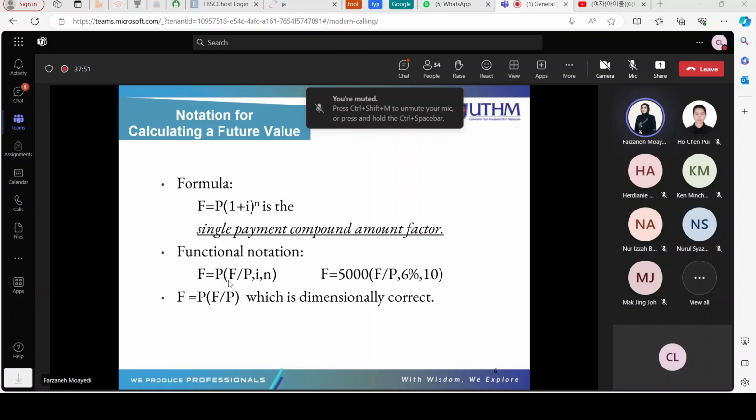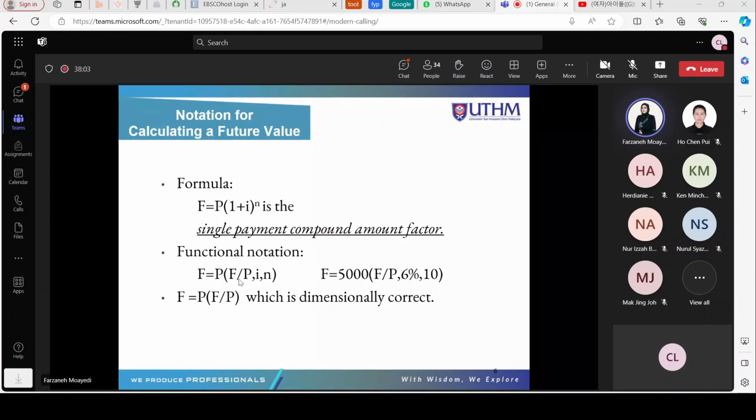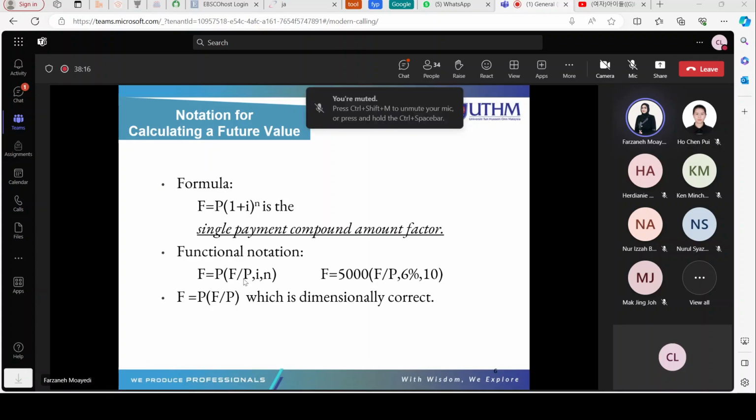For writing the notation, the first one is the one you are looking for, and the second one is the one already given to you. So for the future value, you want to calculate it based on a present sum that you already have. I, which is the interest, and N, which is the duration, are already given to you.